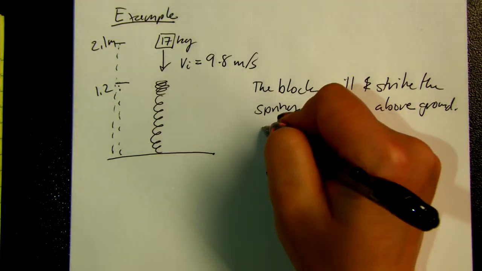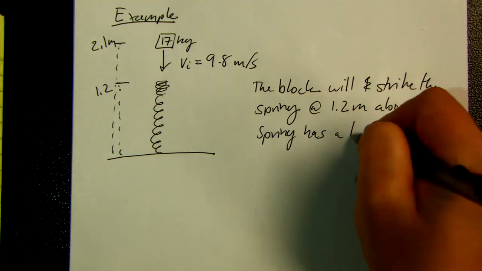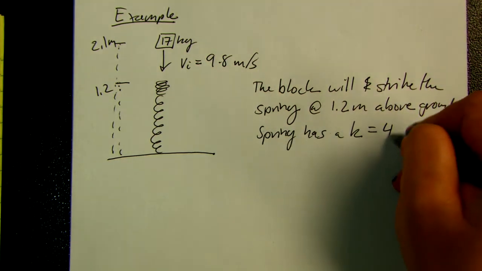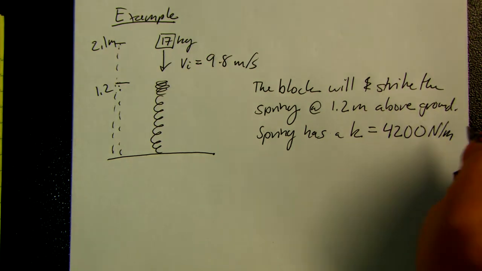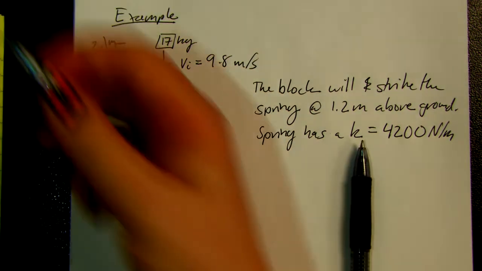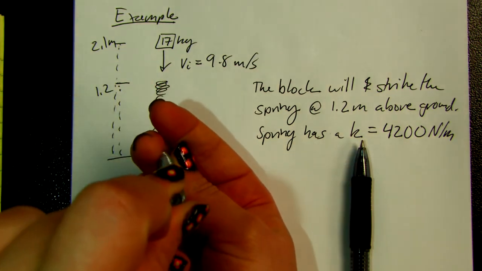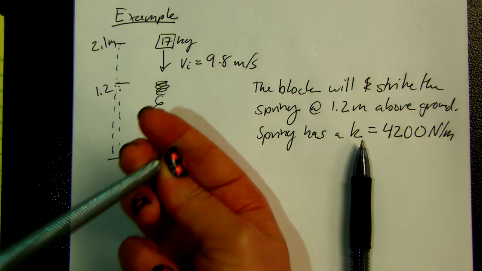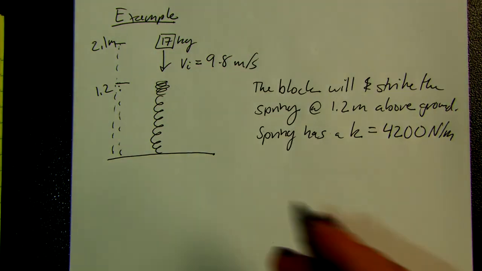The spring has a K of 4,200 newtons per meter. Okay, so this is our initial setup. So we know that the mass is going to hit the spring, it's going to compress it, and then we imagine that eventually the spring will fling the block into the air.